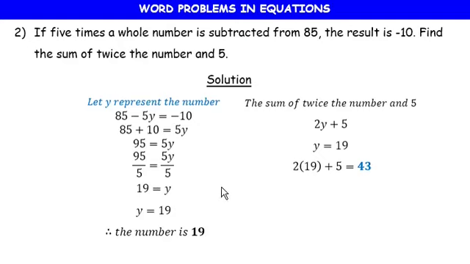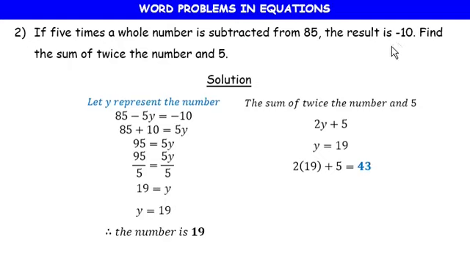So whatever number or figure comes after the from must appear first. So if 5 times a whole number is subtracted from 85, it means 85 must come first, and then minus whatever is subtracted from it. So here you have to get 85 minus 5y. So 5 times y, which is 5y, right?